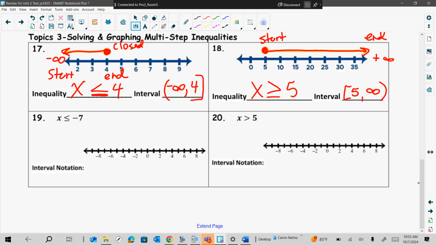All right, so now we're just graphing it. Make sure you know what each symbol means. This is less than or equal to. Just recapping, I find negative 7, which is right here between negative 8 and negative 6. It's going to be closed, pointing to the left. So this would be parentheses, negative infinity, comma, negative 7, bracket.